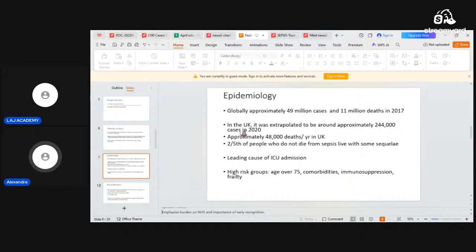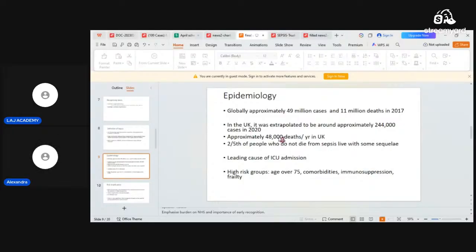Now, in the UK, it was extrapolated to be around 244,000 cases of sepsis in 2020, and this is from the UK Sepsis Trust. Approximately 48,000 deaths per year are said to be due to sepsis in the UK.